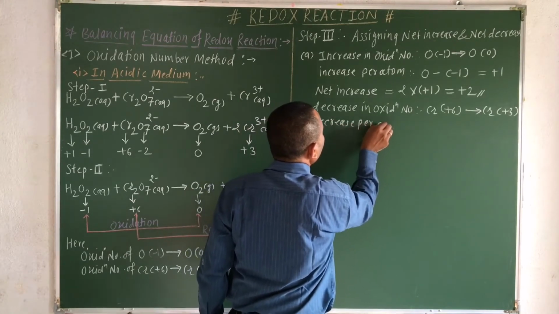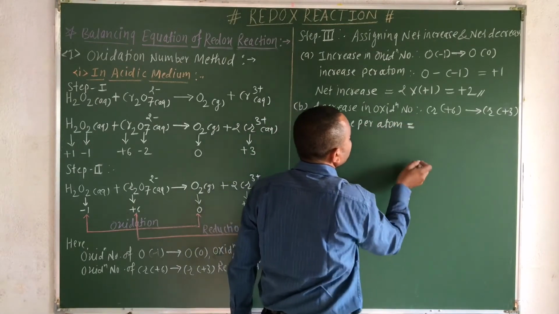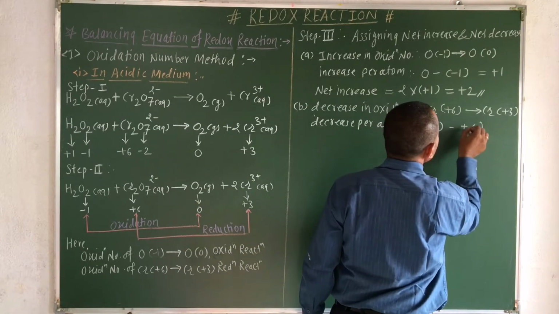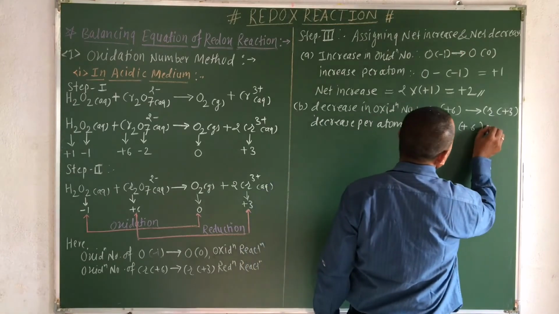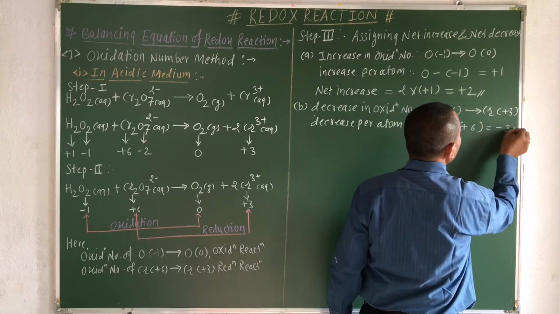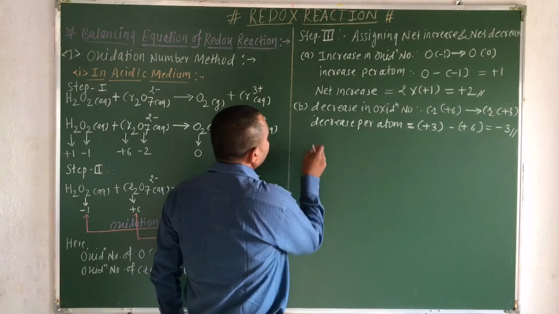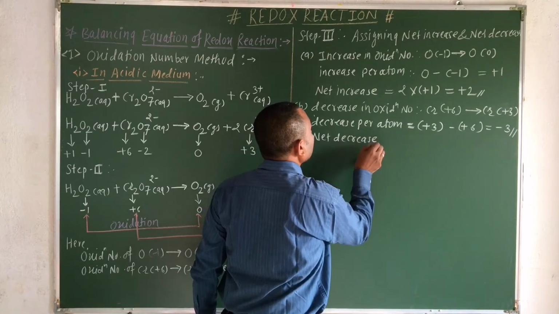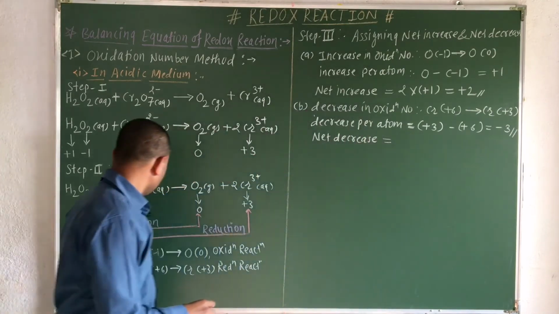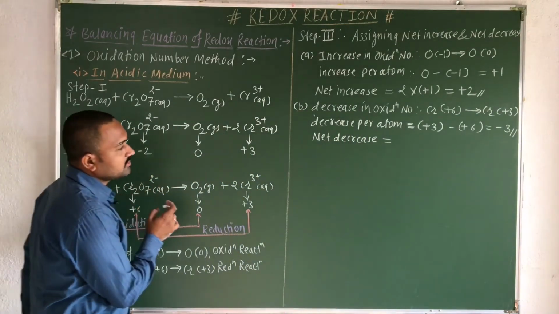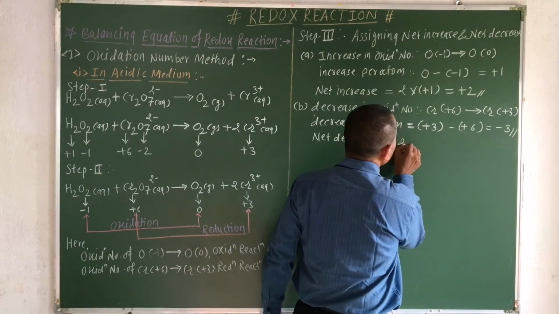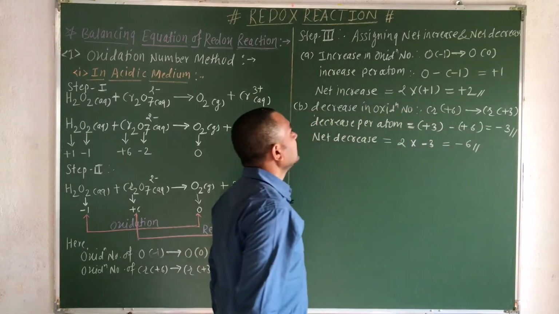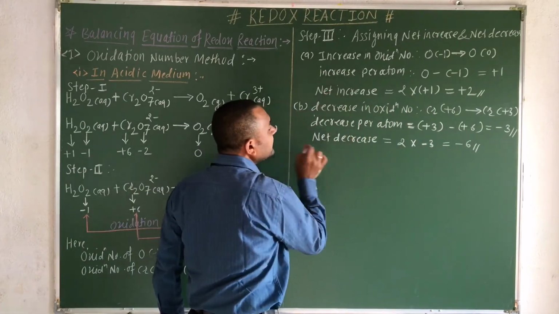Decrease per atom will be equal to +3 minus +6, and that will be equal to -3. Okay, that's it. Net decrease equals to, we know that here how many chromium atoms are there? 2. Okay, therefore 2 into -3, which is -6. Okay, so this is net increase and net decrease.